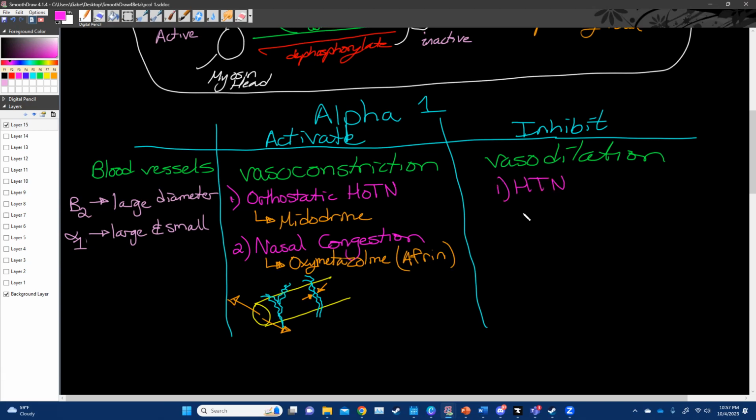So remember that blood pressure is a function of cardiac output and total peripheral resistance. And when we talked about beta 1, we talked about how total peripheral resistance is made up of the blood vessel diameter and the blood volume.